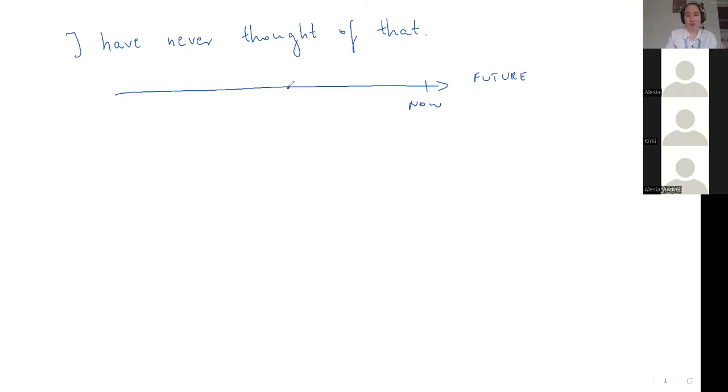We don't specify what happened there, but there was some more or less logical moment when you could have started thinking about that. And from then until now, you have never thought of that. This covers the whole time, practically until now. We don't specify if you are going to think about that in the future or not. Just now I'm puzzled and probably I have to think about it, but it's really interesting. Okay, I have never thought of that.